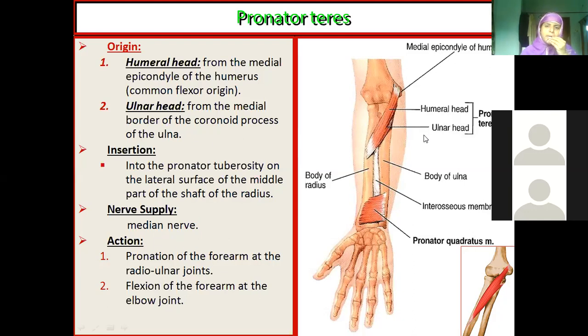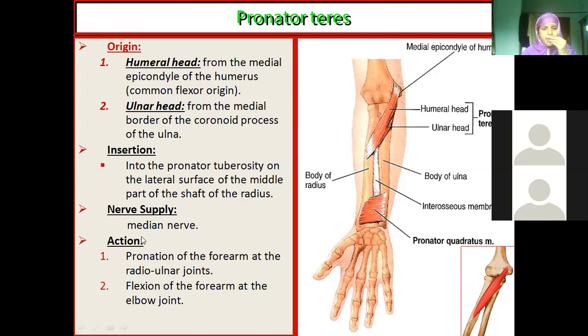Now origin is very easy, beta. It has a humeral head coming from the medial epicondyle, which is the common flexor origin. The ulnar head comes from the medial border of the coronoid process of ulna. Insertion: it gets inserted into the pronator tuberosity, on which bone? Radius. Middle one third of the shaft of the radius. If you write this much, it is enough.